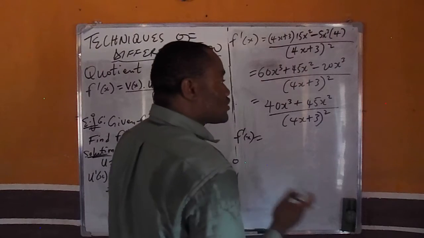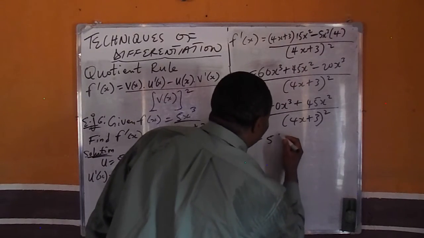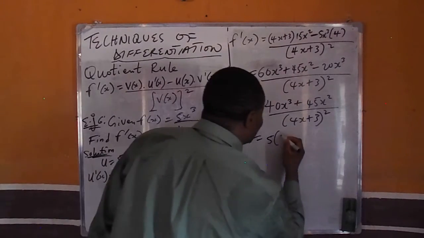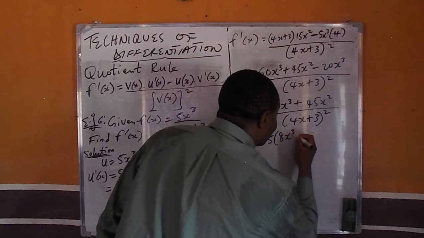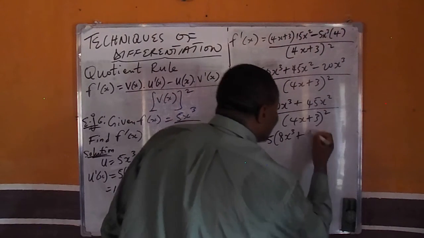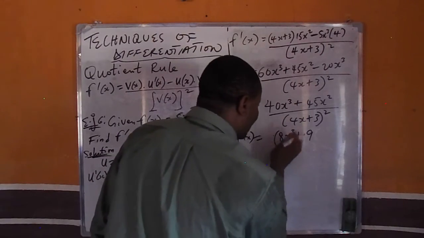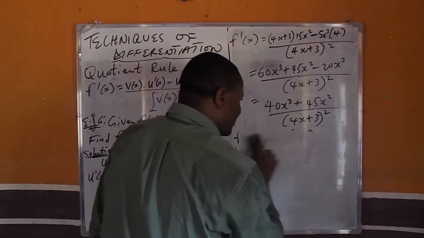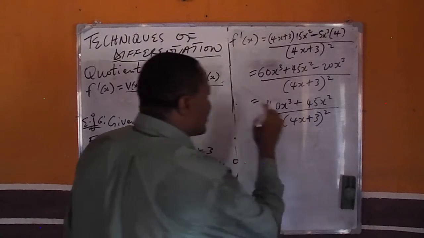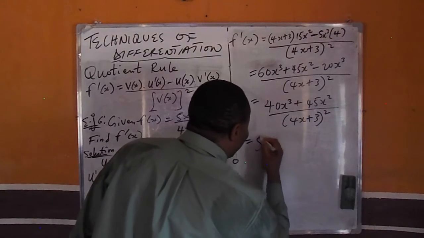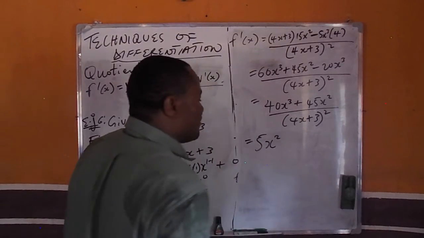Now, f prime x equals to 40x raised to power 3, 45. What is common in both? 5. 5 in 40, 8, x raised to power 3 plus, here we have 9. Now, what is common in both? 5x raised to power 2 is common in both.